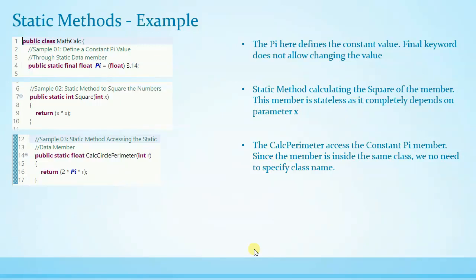Since this method is static, we can access the static member, but we cannot access an instance member inside this calc circle perimeter. Alright, this function calculates the perimeter of the circle, then it returns back.